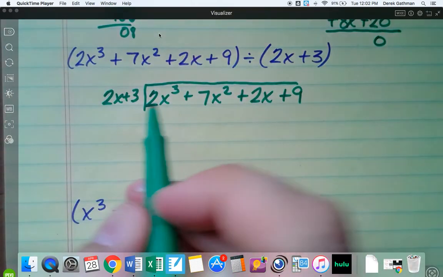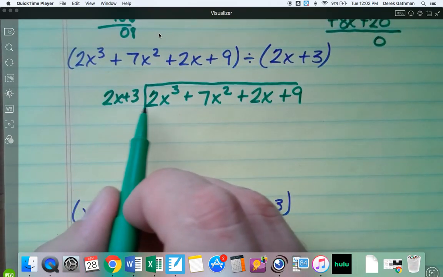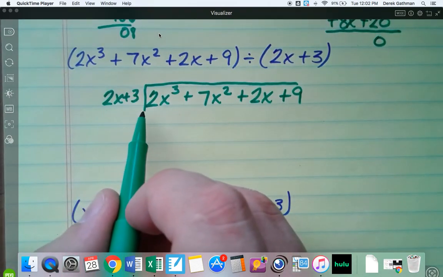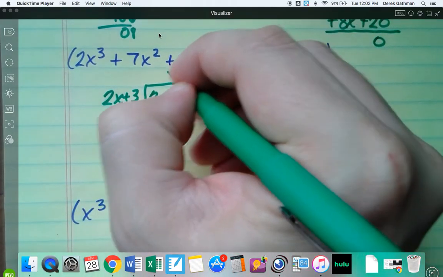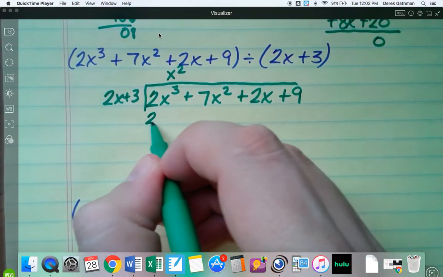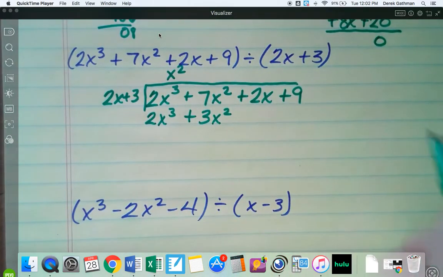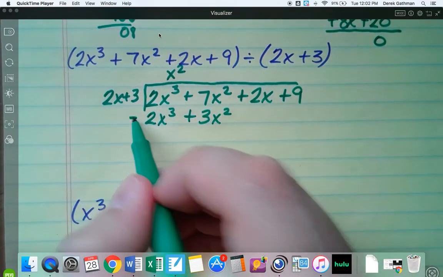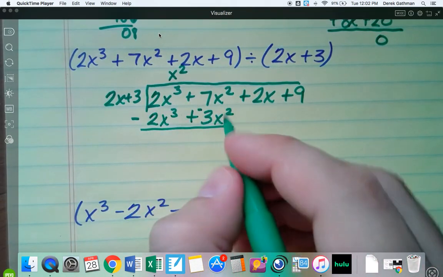And so I'm going to start by saying what times 2x will give me 2x cubed. Well, the 2's are good. I don't have to multiply by anything with the coefficients. I need to multiply by x squared to get me my x cubed. So that gives me 2x cubed plus 3x squared. My next step is to subtract, so I'm going to change the sign of both. Those cancel out. I get 4x squared here.